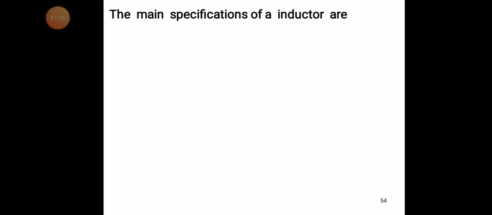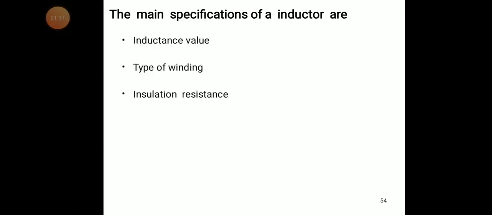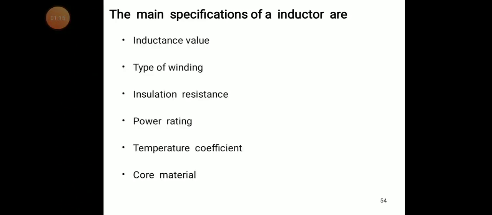The main inductor specifications are six: inductance value, type of winding, insulation resistance, power rating, temperature coefficient, and core material.